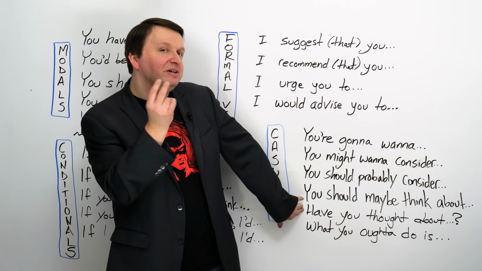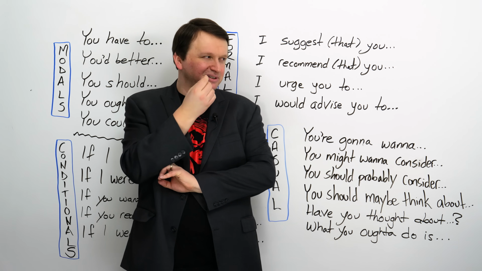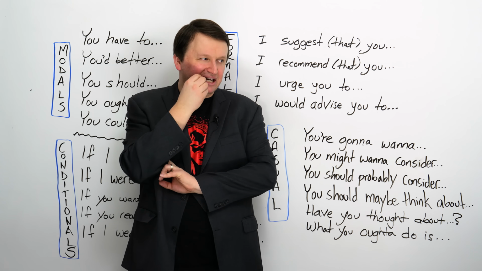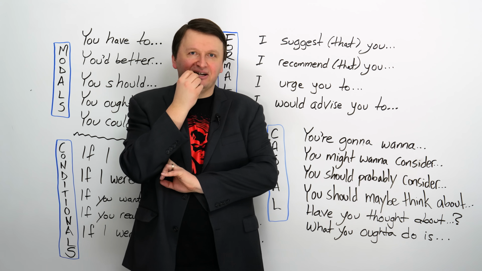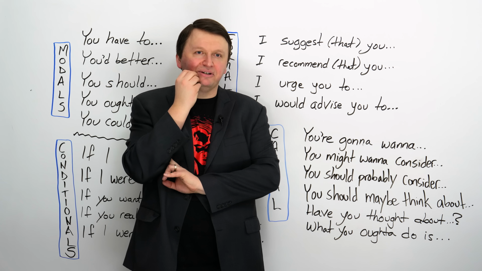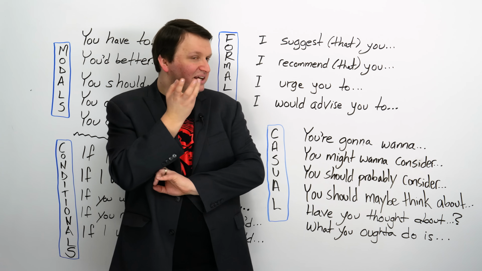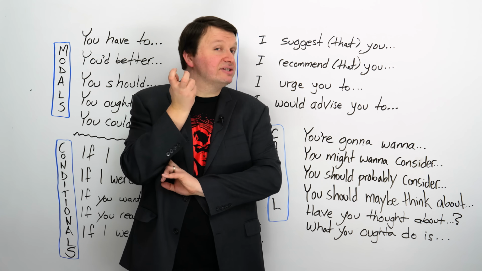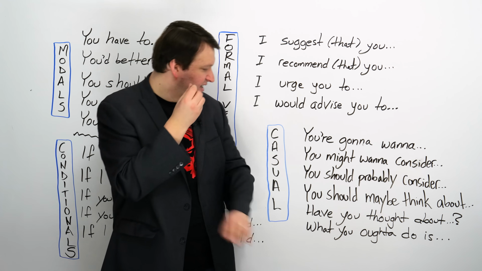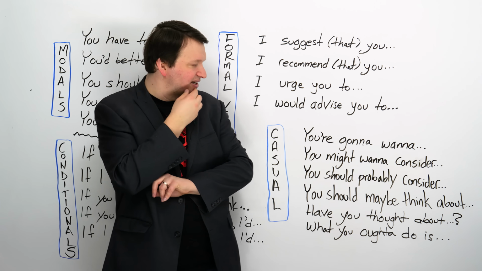And you have heard me use this already today, but have you thought about, I don't know, anything else? Have you thought about a different option? Have you thought about a different way to do this? Okay, so you're asking them if they have considered an option. You can say, hey, have you considered doing something?